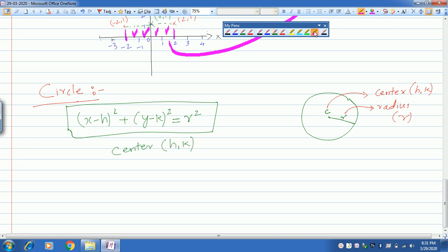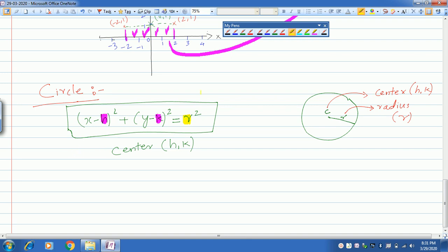This is my h and this is my k. And what about the r? R is my radius.